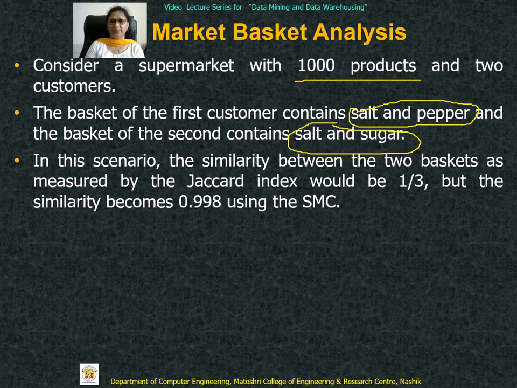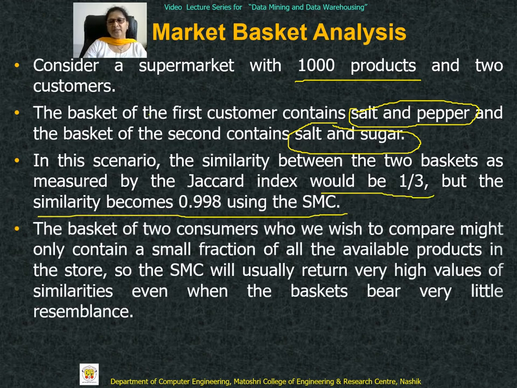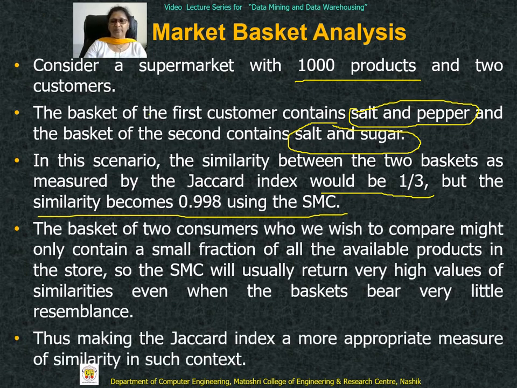Excluding these 3, all the remaining attributes out of 1000 will have 0, 0 for both the baskets. They are also considered. This is why similarity results in 0.99, whereas our Jaccard index is just 0.33. This is because in SMC we consider the values where both are mutually absent and both are present.